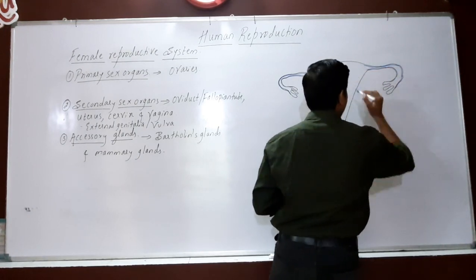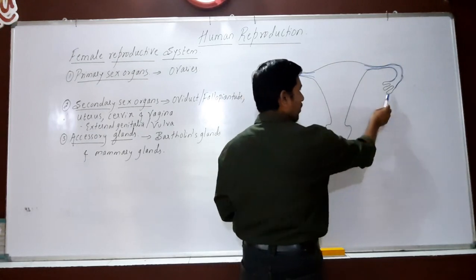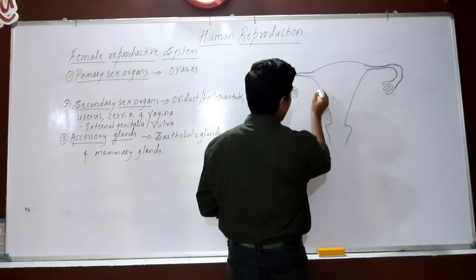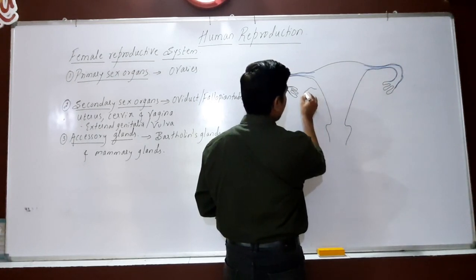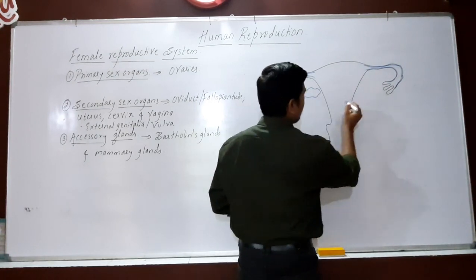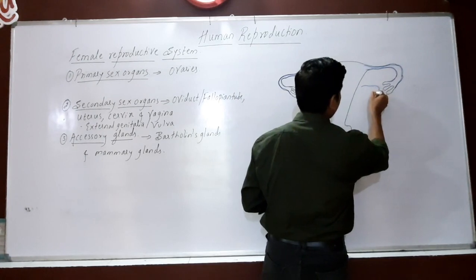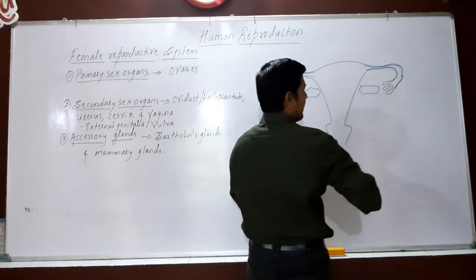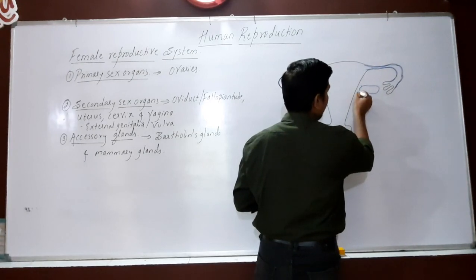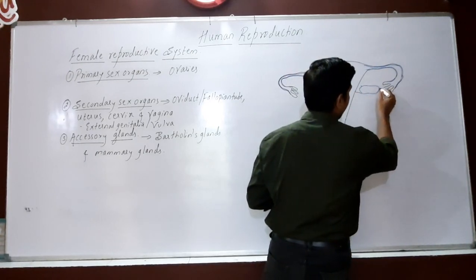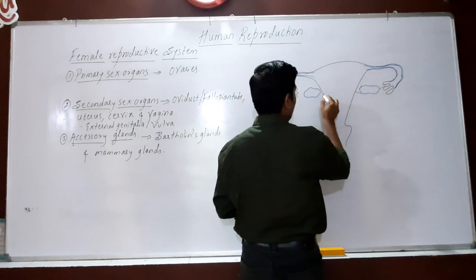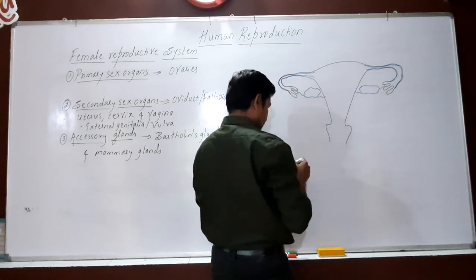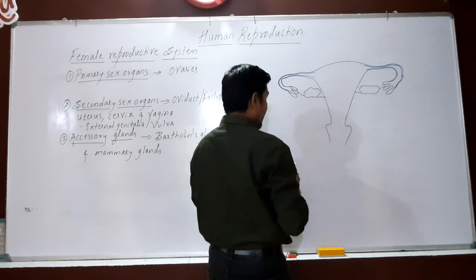Okay, now at these fallopian tubes, here we observe finger-like structures. Along with that, here we have a structure which is called an ovary, and this ovary is attached to the wall of the uterus with the help of a ligament. This is the ovary here.